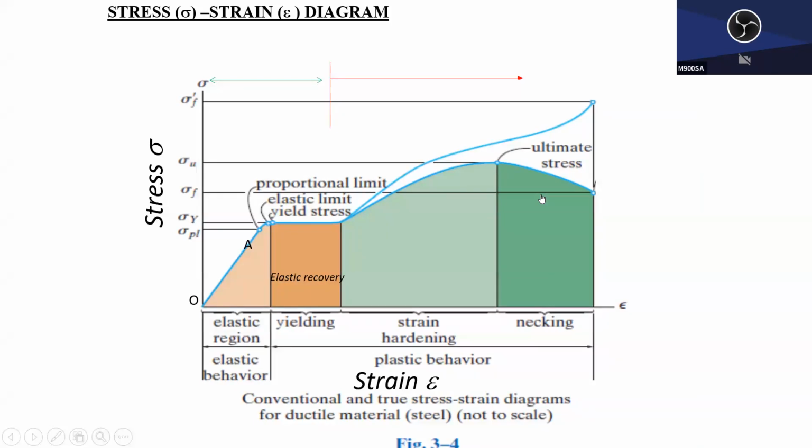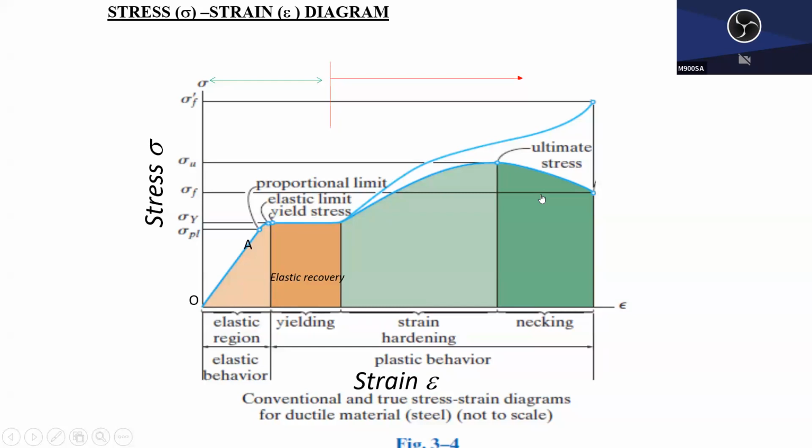Stress is given by force divided by cross-sectional area. Usually we will assume the cross-sectional area is the same all the way, okay? Since we're assuming the cross-sectional area is the same throughout, up until here we will get a reasonable stress-strain relationship. After that, it will start to curve up, plateau, and come down.